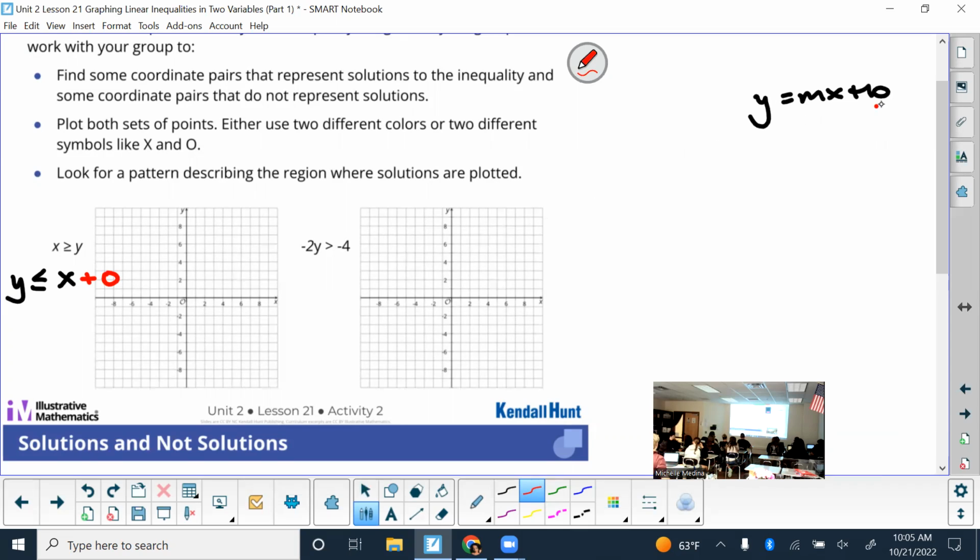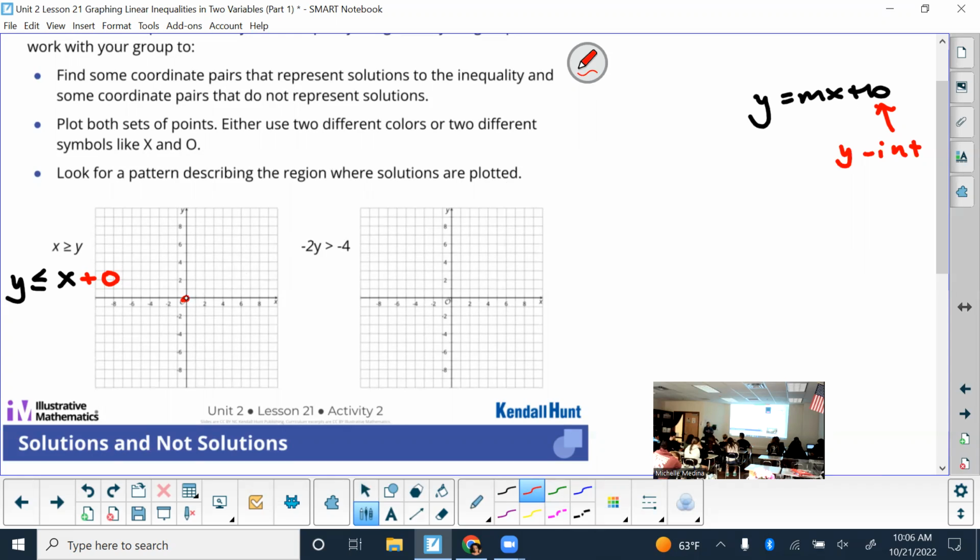So yes, the b is your y-intercept. If it's not written, what must it be? 0, because do we ever write +0? No, that's not simplest form, right? So if it's not written, my y-intercept must be 0. So then put a dot where y is 0.